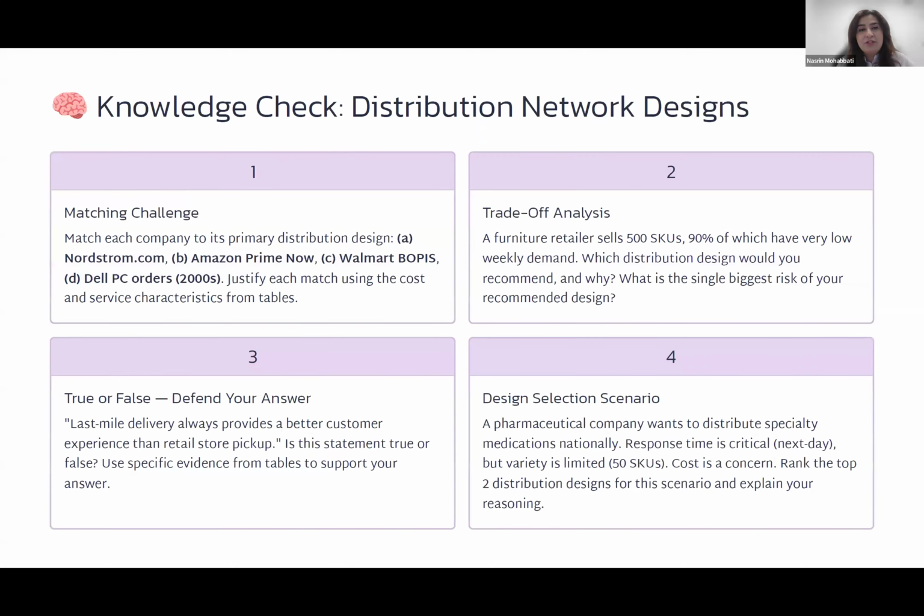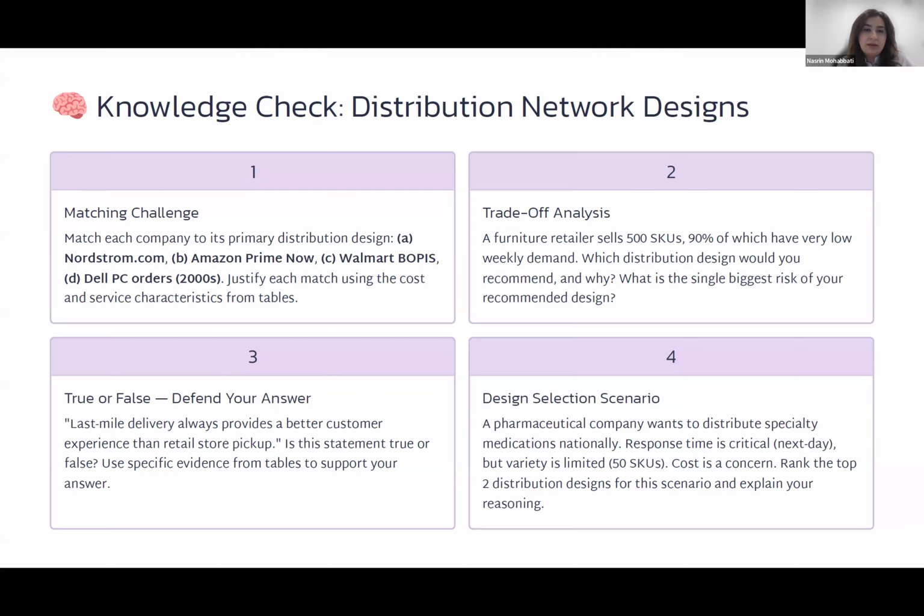And then I have some questions for you to check what you learned so far in this lecture. Please pause the video, look at these questions, think about the answers, and then you can find the answers in the next slide. The first question is, match each company to its primary distribution design.